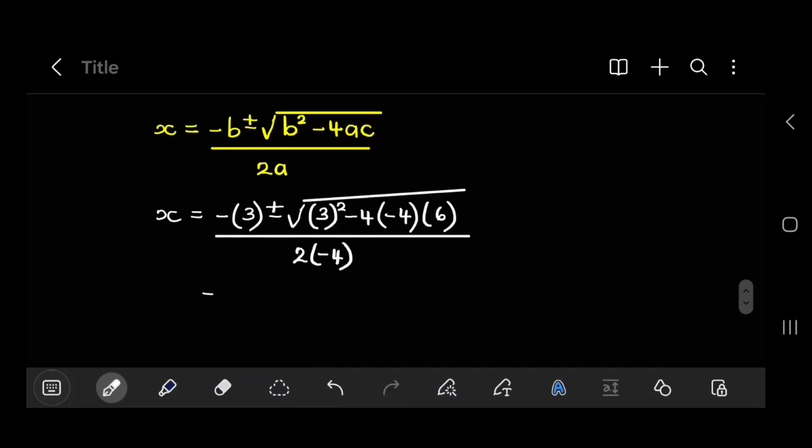Now, it's always good for you to simplify what you have before you actually get the values. So here we've got negative 3 plus or minus, let's see what's underneath the square root. So that is 105 all over negative 8.